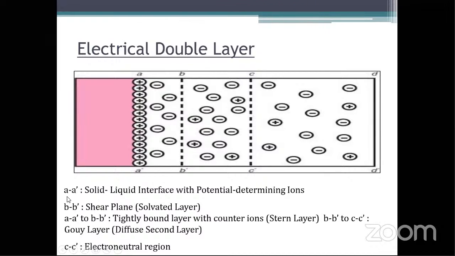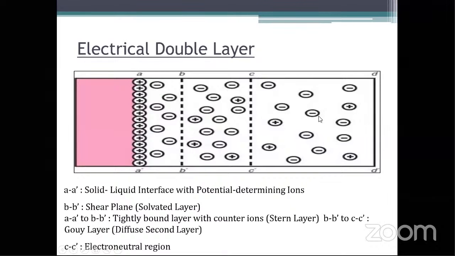B dash. Here it is already written: A dash, solid liquid interface with potential determining ion. What is the meaning of that? Cations are known as potential determining ion. Just see that picture very carefully.